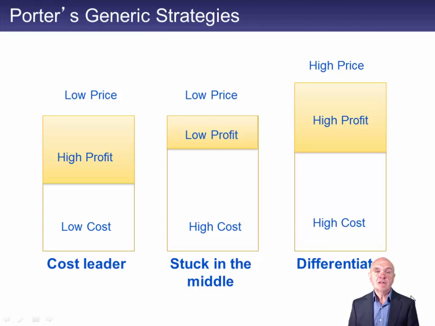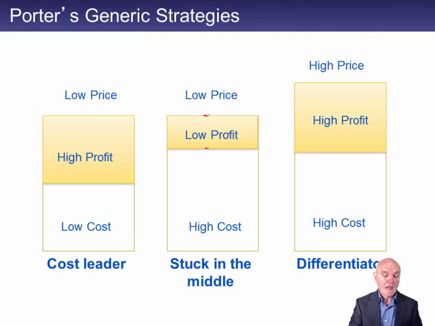And Porter says that if you're going to make sustainable profits, have sustainable competitive advantage, then you must adopt one of very few strategies. If we start in the middle here, this person who is described as being stuck in the middle is not making good profits because this company is selling very ordinary products, not inferior, just very ordinary products, into a competitive marketplace.